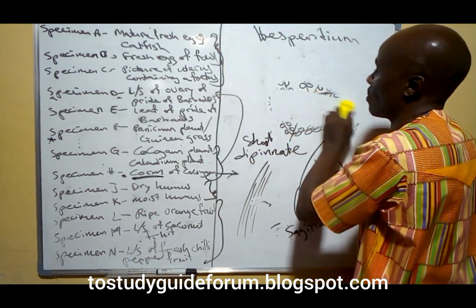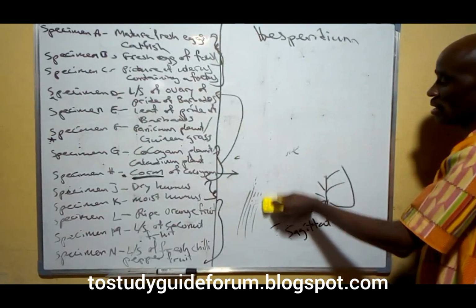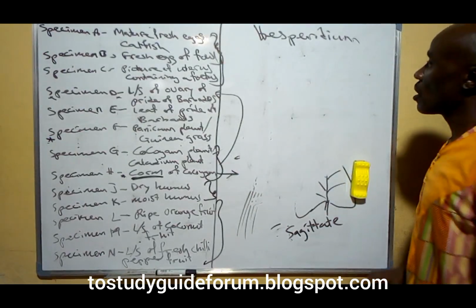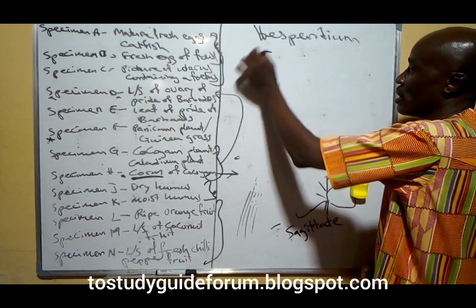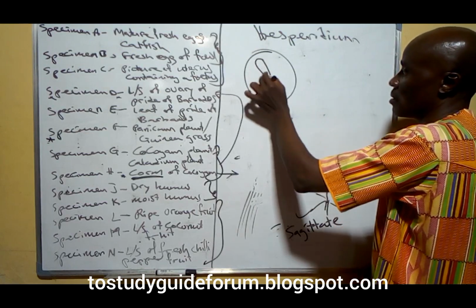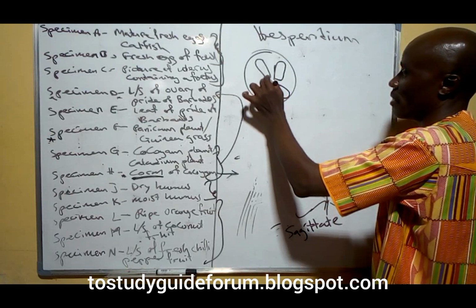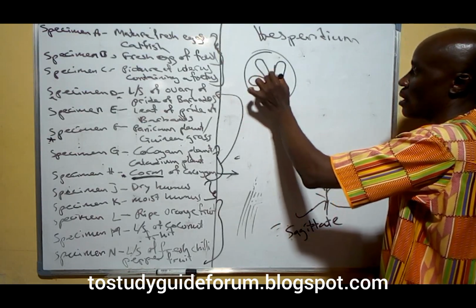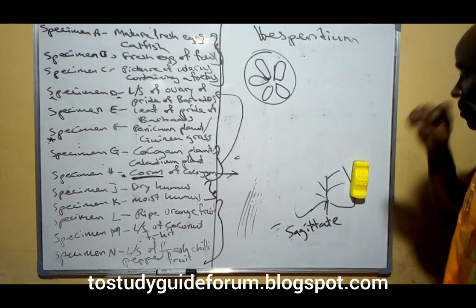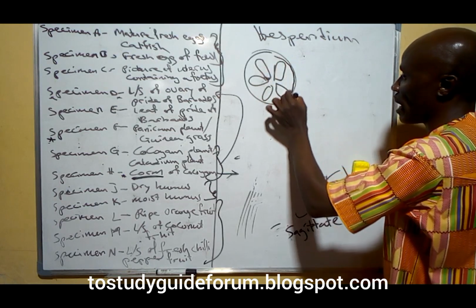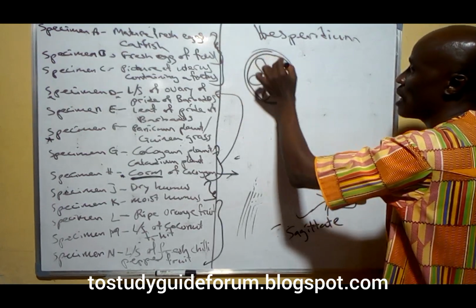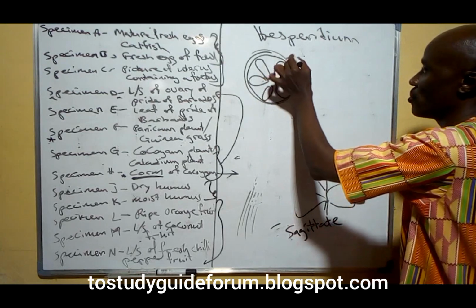Another thing I want to make clear here is that for the orange fruit that looks like this, which I did not talk about, if I can just make a very fine drawing, what we have here is that the epicarp and mesocarp are somehow fused together.